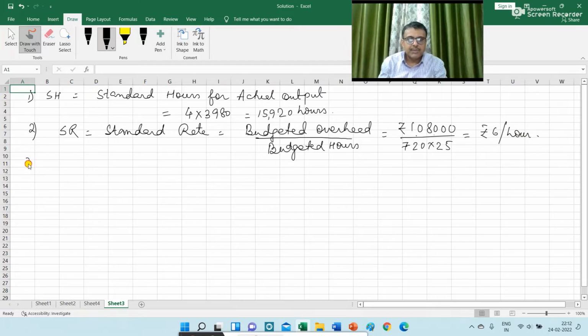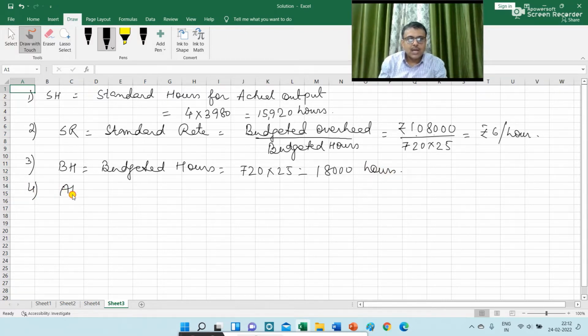The third parameter is budgeted hour, or BH, which is 720 into 25, equal to 18,000 hours. The fourth parameter is actual hour, AH.